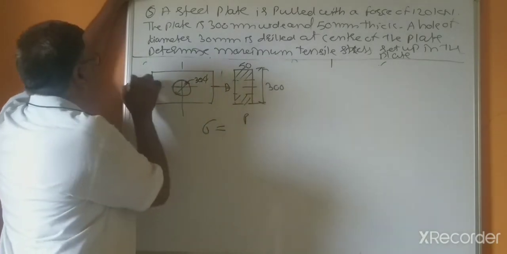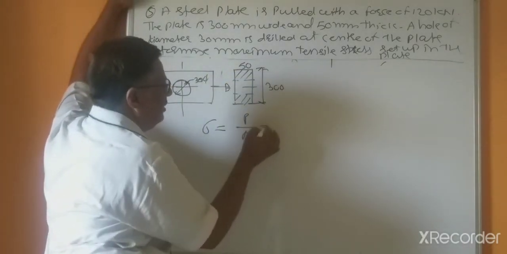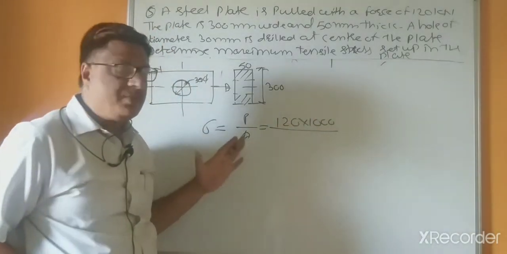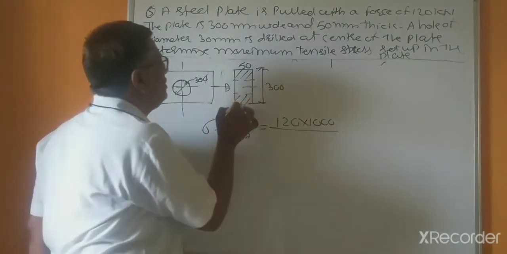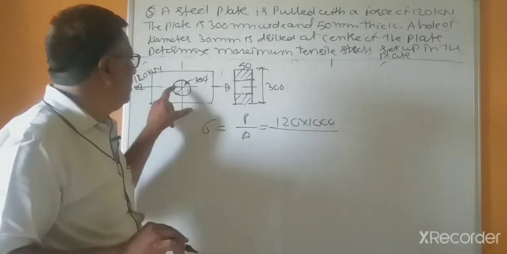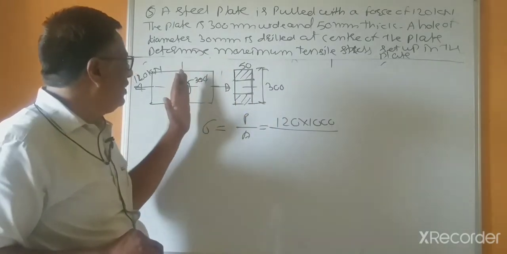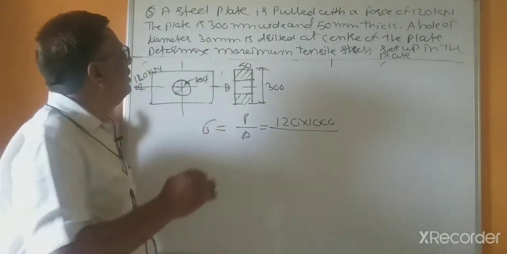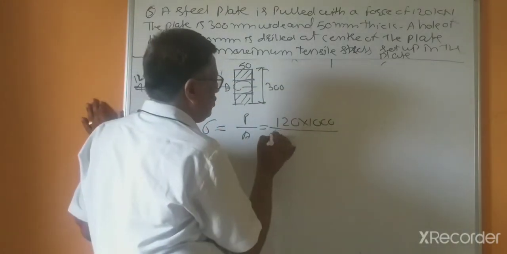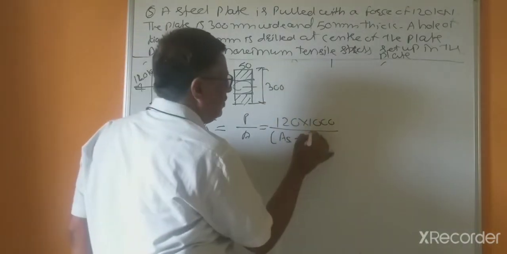this is 120 kilonewton. So that's why P divided by A, 120 multiplied by 1000. Now area of cross section. So this is the hollow area, because this portion is the hollow, and you may consider pi by 4 d squared minus, but this is not, because if we cut these sections, this is the hollow portion. So that's why here solid area minus hollow area.